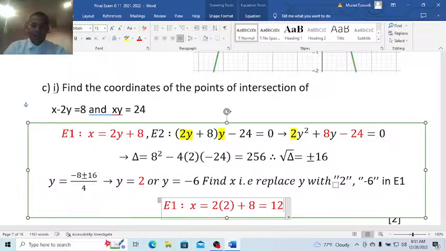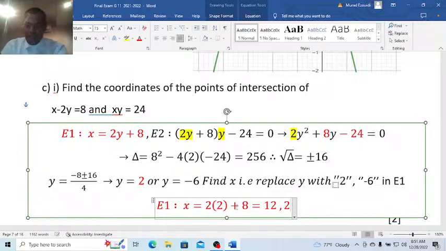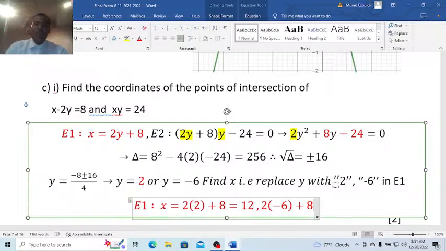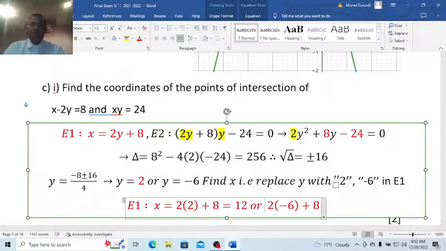The next one, when y equal negative 6, it will be 2 times negative 6 plus 8. 2 times minus 6 is minus 12, plus 8 is negative 4.